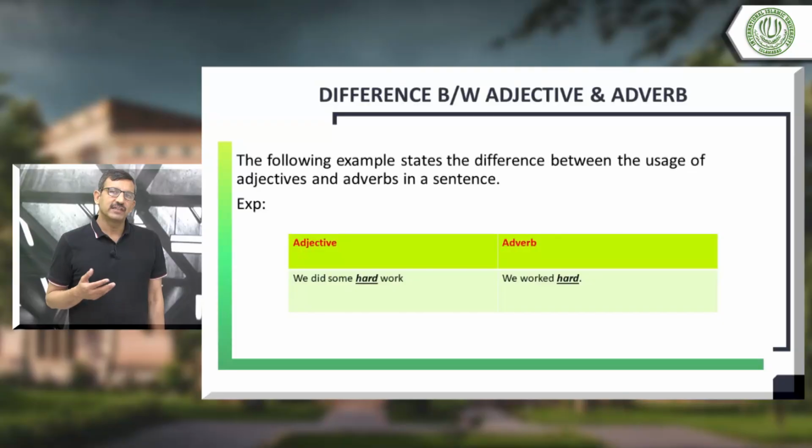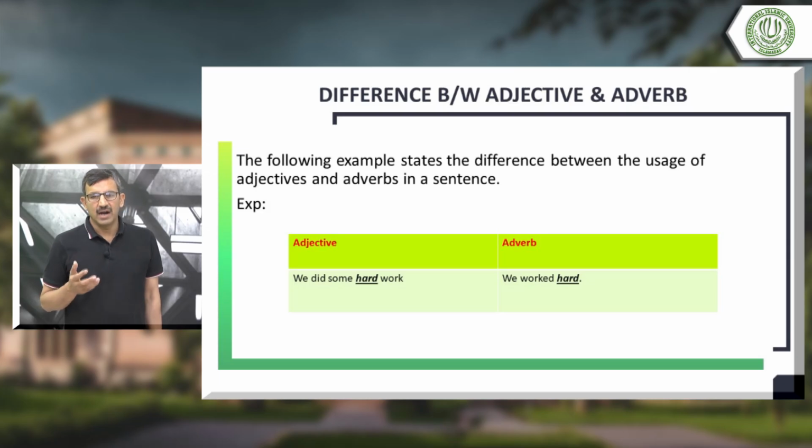There is a difference between the use of adjective and adverb in a sentence. The following example will state the difference between the usage of adjectives and adverbs. For example, we did some hard work. Over here, hard is an adjective. It is signifying work.